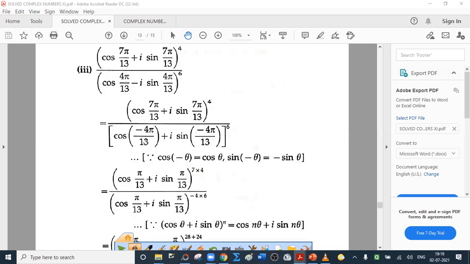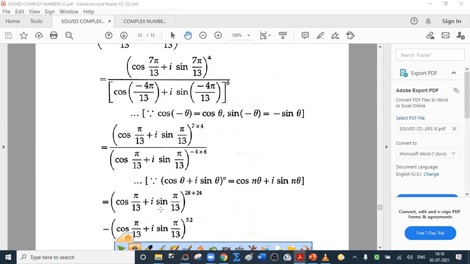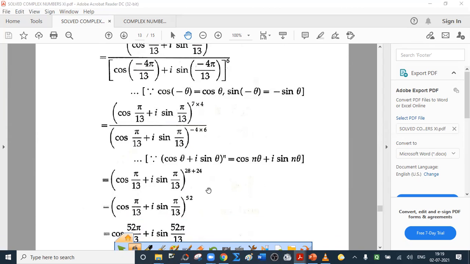Now cos of minus 4 pi by 13 plus i sin of minus 4 pi by 13 is (cos pi by 13 plus i sin pi by 13) raised to minus 4. But already 6 is there, so into 6. Now this is cos pi by 13 plus i sin pi by 13 raised to what? 28 minus minus 24, that is 52.